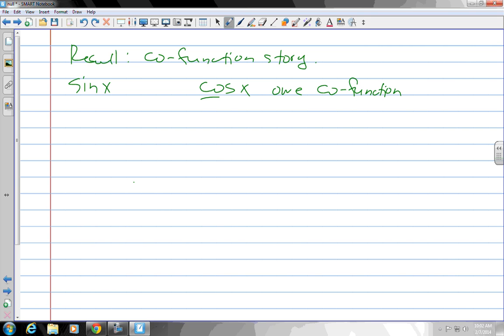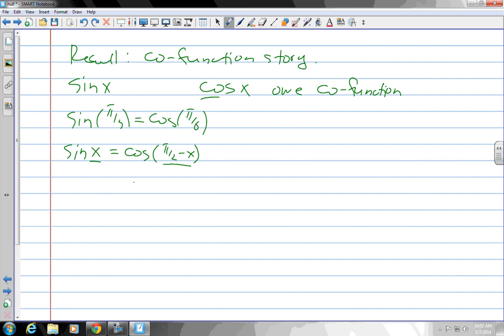Very good. So that means that sine of pi over 3 is the same as cosine of pi over 6. Pi over 3 and pi over 6 add up to 90 degrees, right? And what we wrote is that sine x equals cosine of pi over 2 minus x, right? So x and pi over 2 minus x are complementary angles.